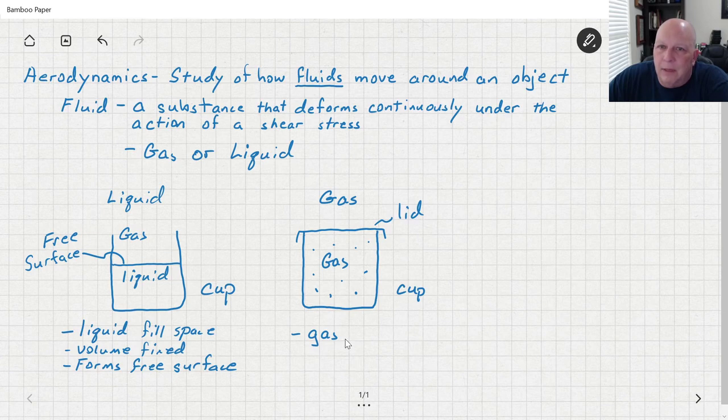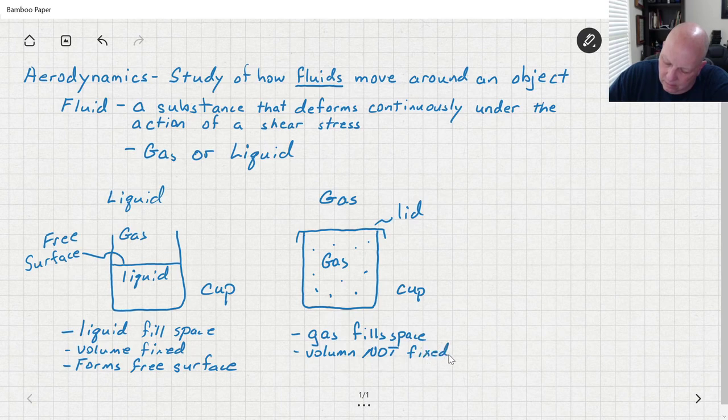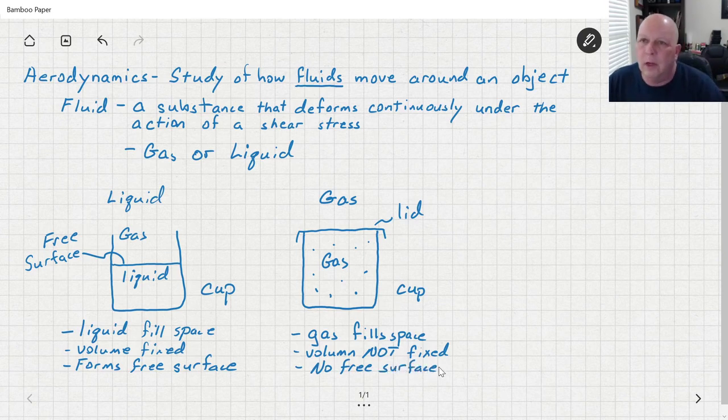It will expand to fill the entire space. We'll also find that there's no free surface with the gas.